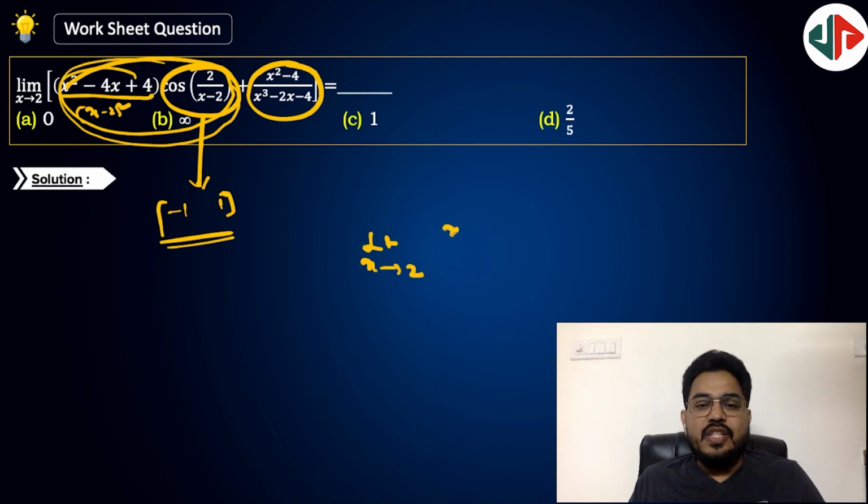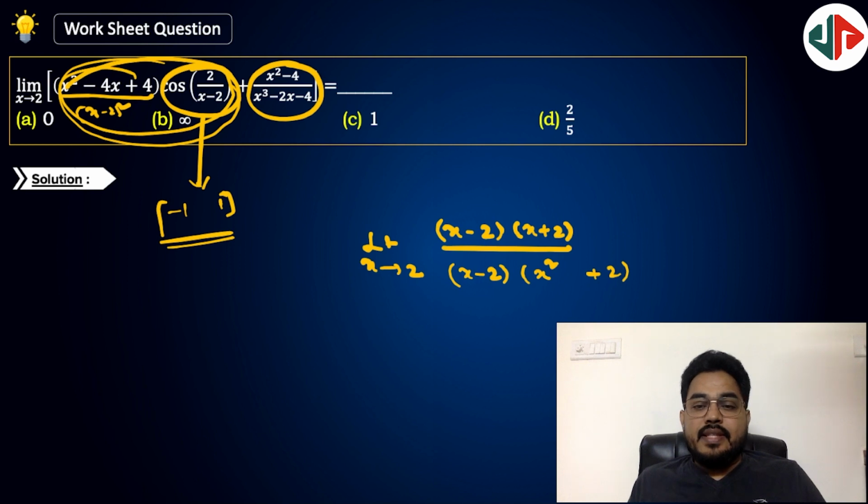You have this one as x minus 2 into x plus 2, by x minus 2 into x cube, x square plus 2, actually minus 2x square is there, so plus 2x you write.